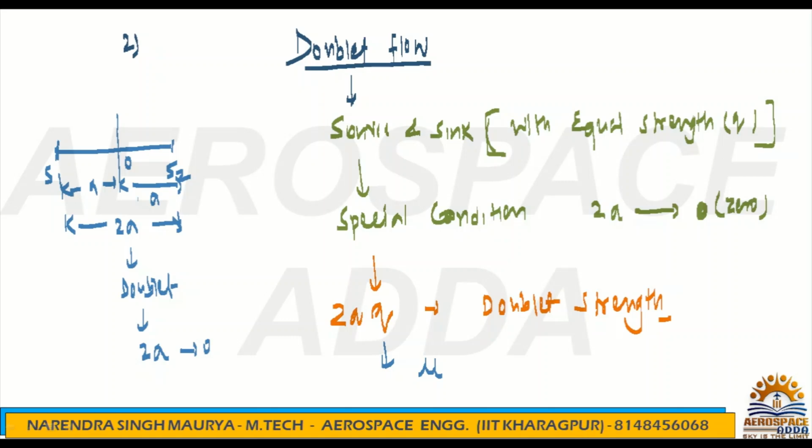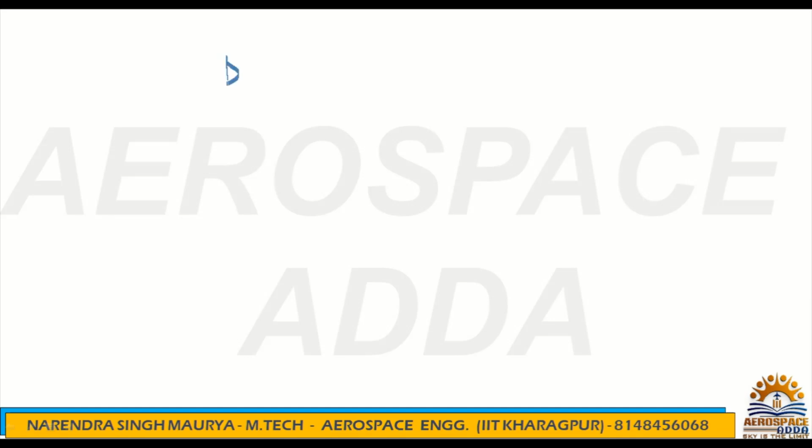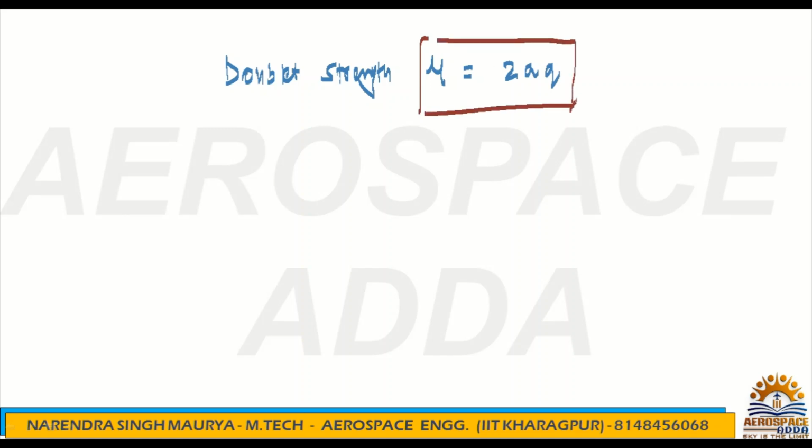So the point is, if you write doublet strength, it is denoted by mu, and it is nothing but 2aq. Always remember, 2a was the distance between source and sink earlier, but now it approaches 0, means it becomes the same point. So 2aq now will be replaced by mu. Okay, this is one very important point you got.